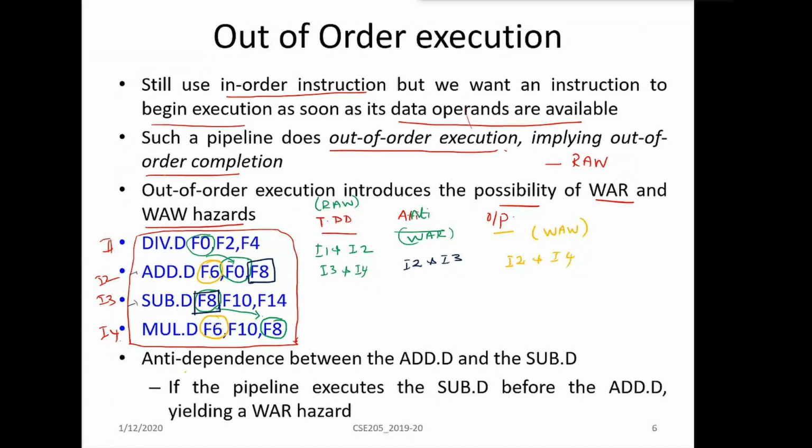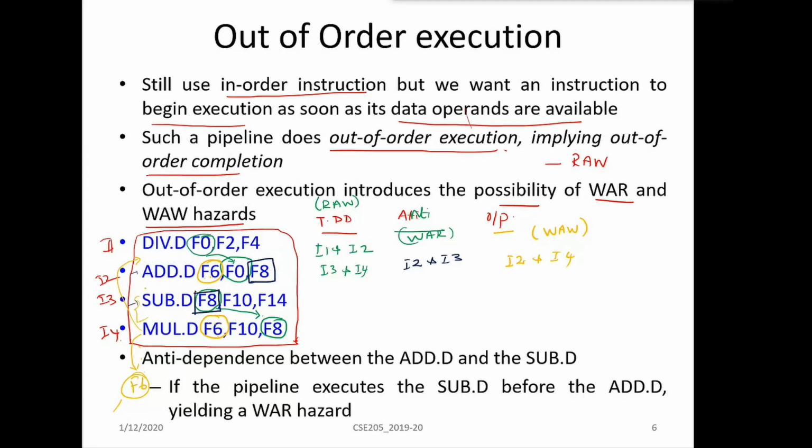Suppose in the later case you are going to read F6, what should F6 be? It should be the F6 from the multiplication only, not from the add. So if you execute this before this, it may result in a wrong case. These kinds of things have to be avoided when you go for out of order execution.